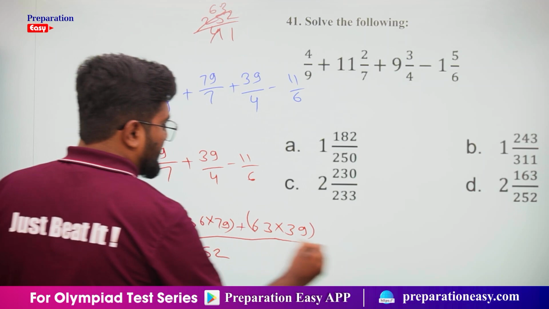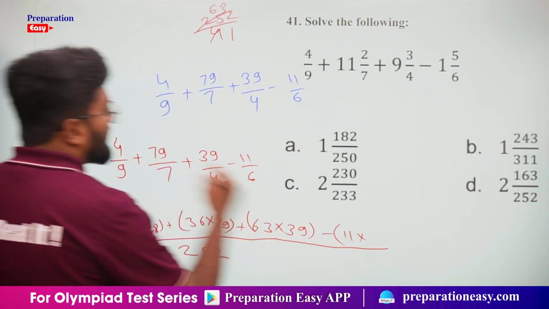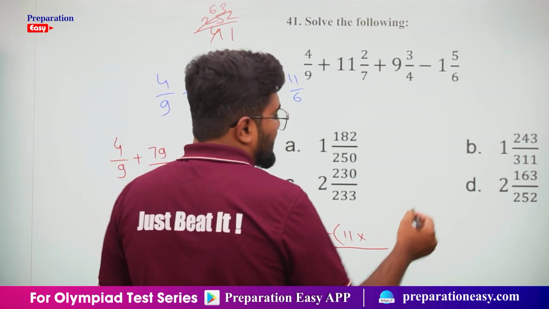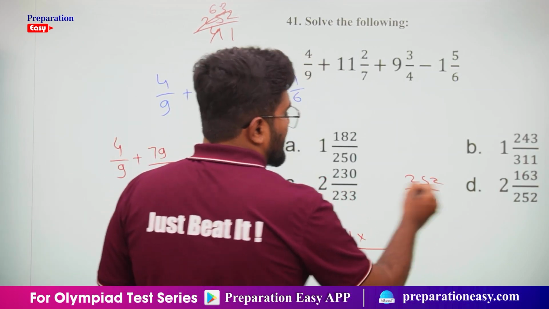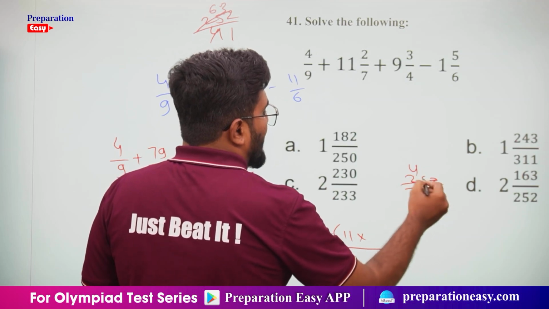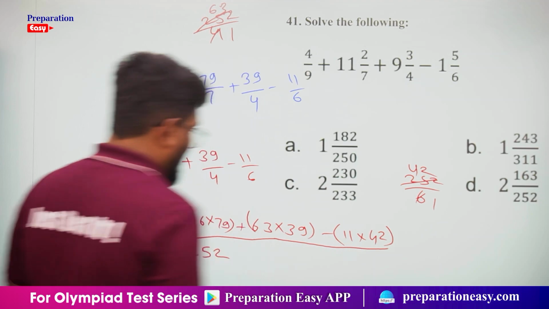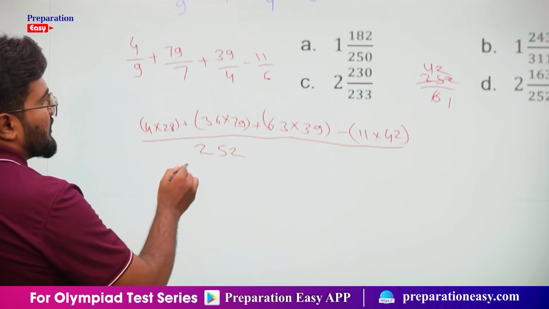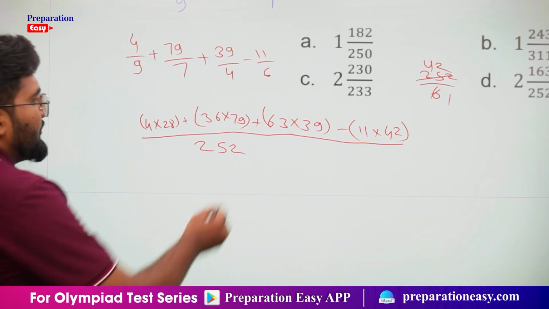At last, minus 11 by 6: 252 divided by 6 is 42, so 42 multiplied by 11. We have to calculate all this and we will get our answer.